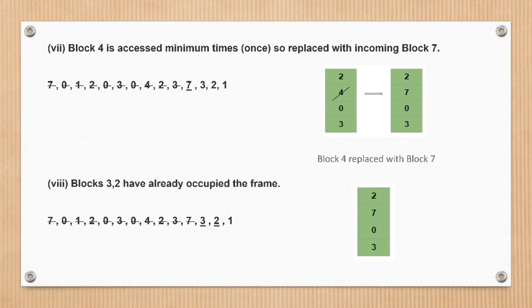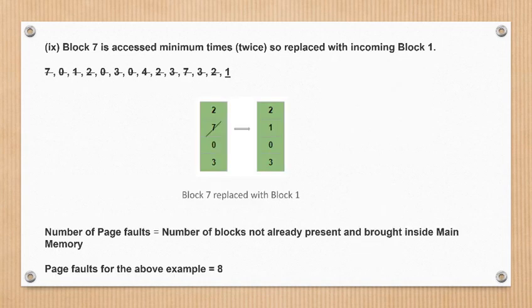In step 8, blocks 3 and 2 have already occupied frames for the next elements, hence we will not consider changes. In step 9, the upcoming block is block 1. Here block 7 is accessed the minimum number of times, hence block 7 is replaced with block 1.